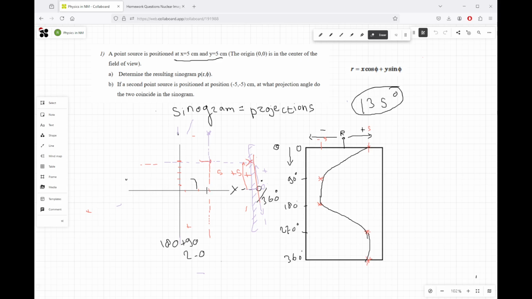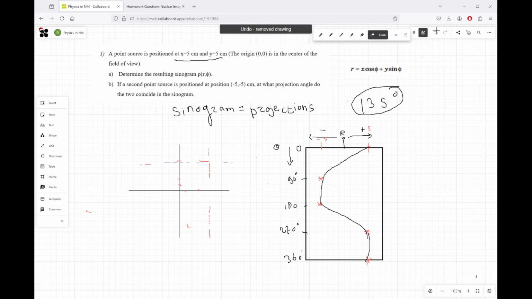All right, so we still have our point source. Oh wait, I need my point source. There it is. I think this should be fine for now.